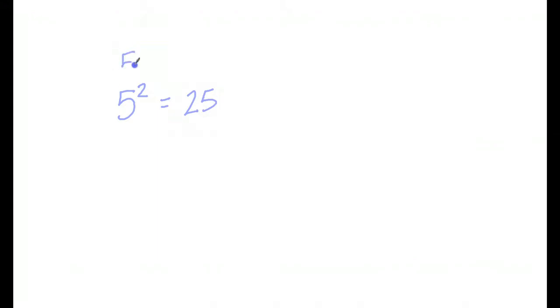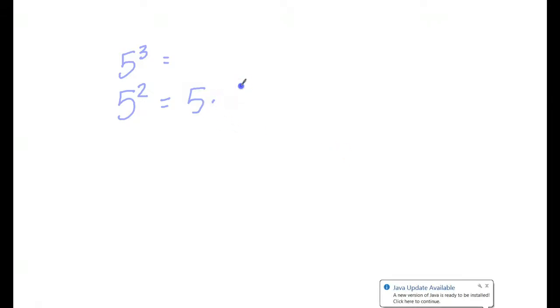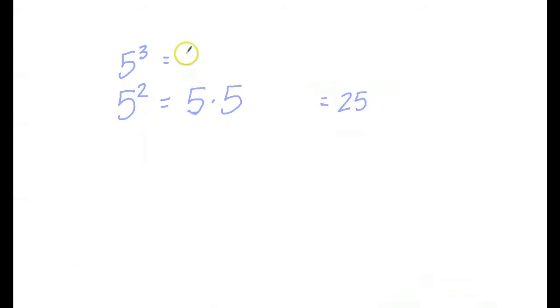And let's say I do 5 cubed, right? Well, here, let me adjust this. So we have 5 squared, okay? That's equal to 5 times 5, okay? Which is equal to 25. Then we have 5 cubed.